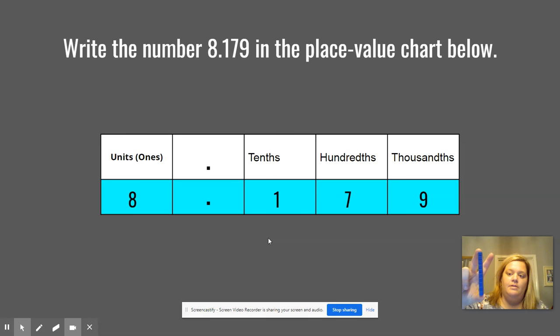Okay? If you can see, this rod has 10 cubes in it. So this is 1/10. Okay? 1/10. I could take 1, 2, 3, 4, 5, 6, 7, 8, 9, 10.